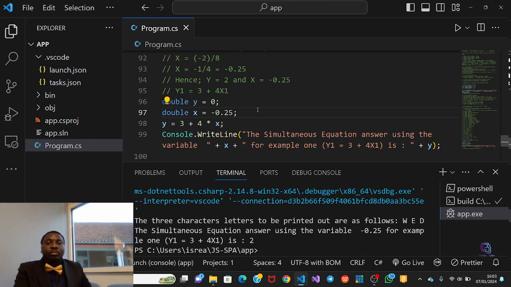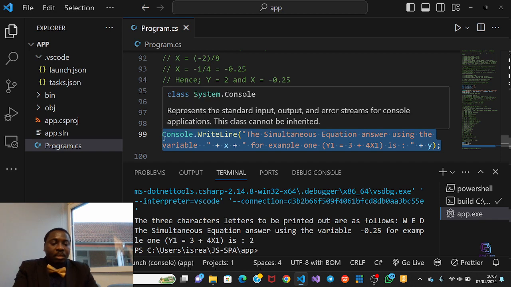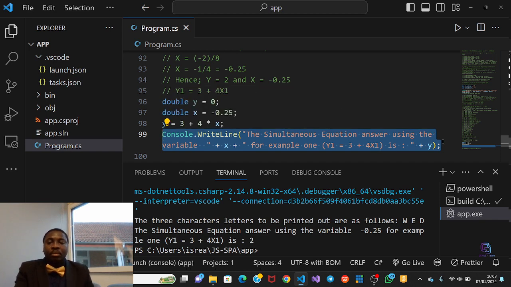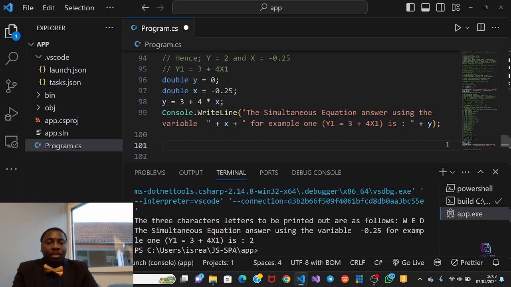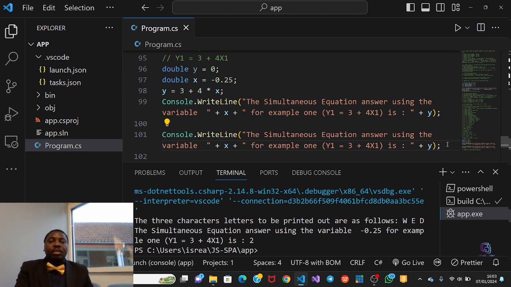With this, we're going to use another one. We want to solve for example 2. So I'm going to calculate it. Now the simultaneous equation answer using the variable x for example 2.